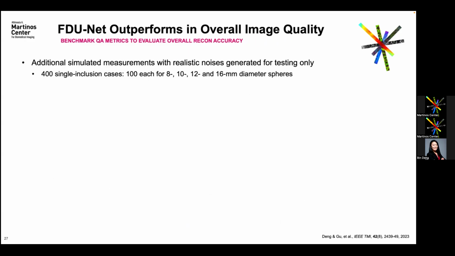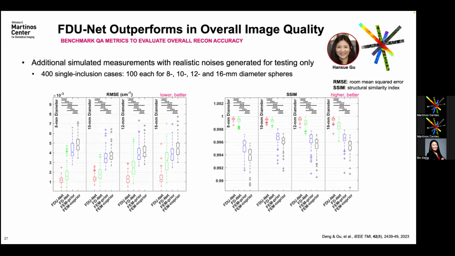To evaluate the performance, we simulate another 400 cases with a discrete size group, so we can see how the reconstructed image is dependent on size, because we know optical imaging is challenging towards small lesions.